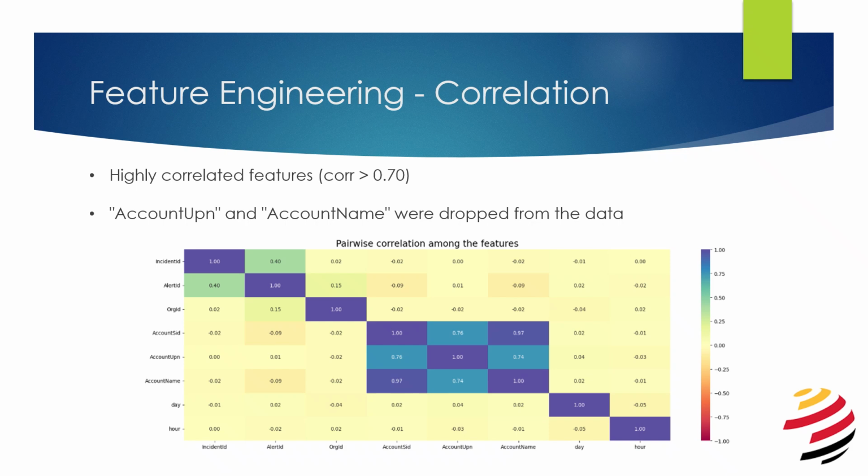This shows that the information those two features can provide is also available in account SID. So, two features were dropped from the data. This step was essential to reduce redundancy and model training time.